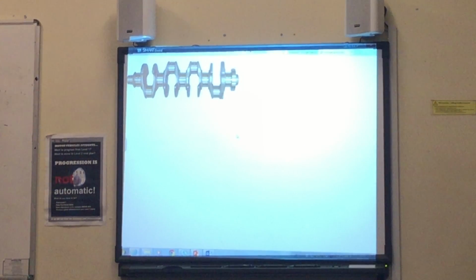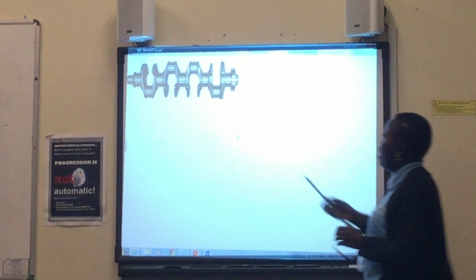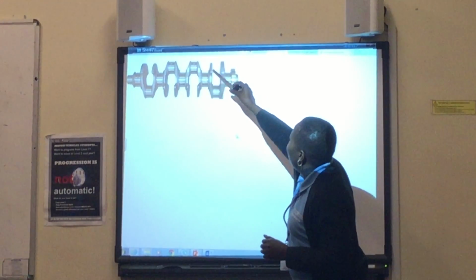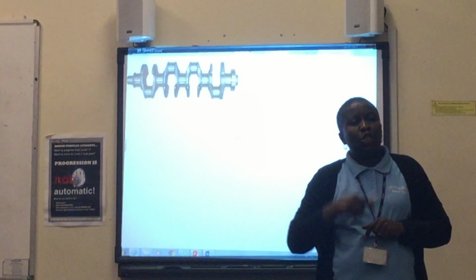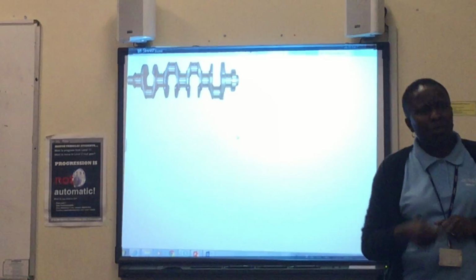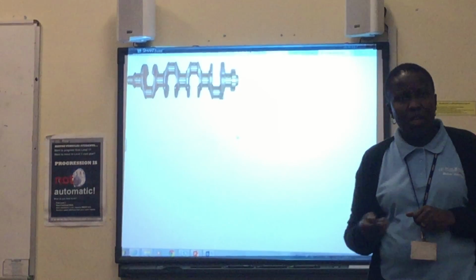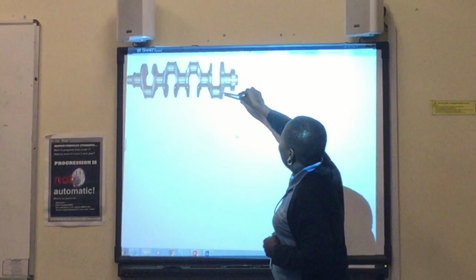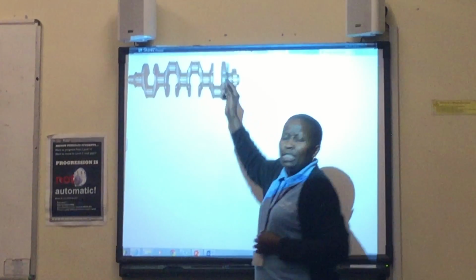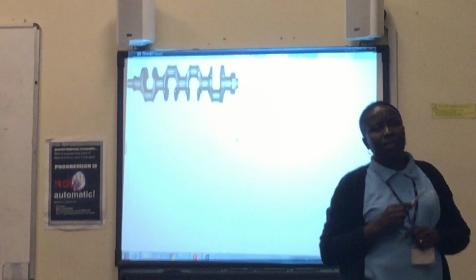Right. On the crankshaft, we have these. We call them webs. They are there to balance the crankshaft so that it runs true, so they act as balance weights. These are the crank webs.